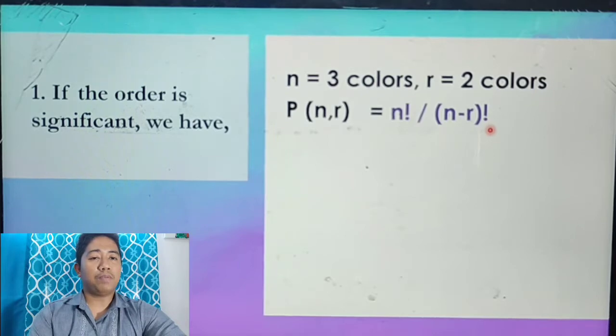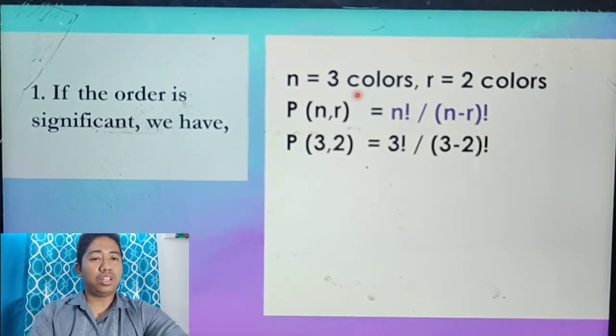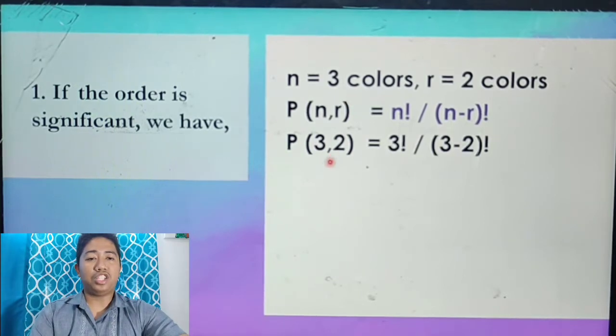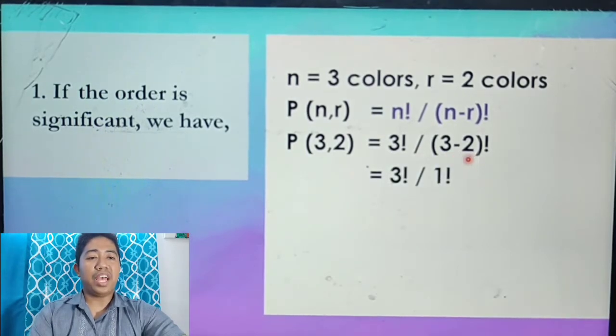The next step is to substitute the value of n and the value of r. So we have the permutation of 3 taken 2 equal to 3 factorial all over the quantity of 3 minus 2 factorial. After that, simplify the inside parentheses: 3 minus 2 gives 1 factorial.